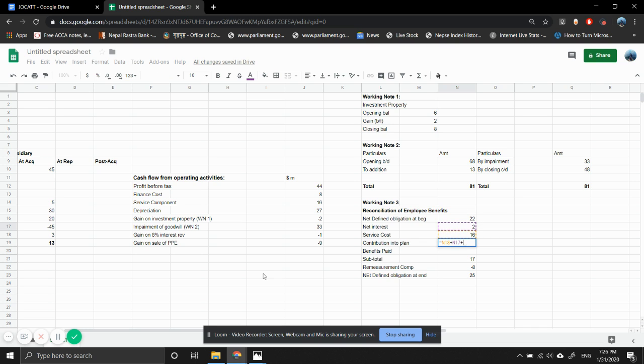This figure plus this figure plus this figure minus this figure, right? This should be the balancing figure.